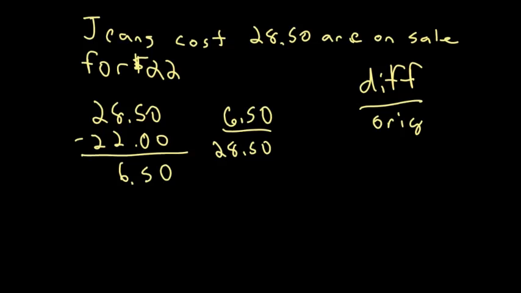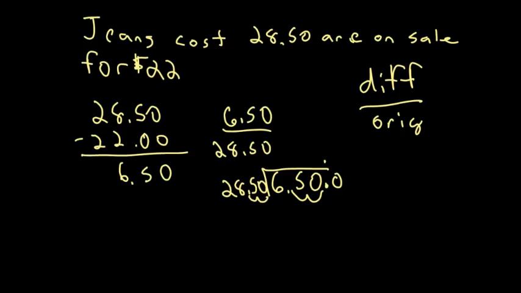Here I'll do the other method, so I'm going to divide $6.50 by $28.50. Move my decimal. So I get 650 divided by 2,850. I need to add a decimal and a 0.